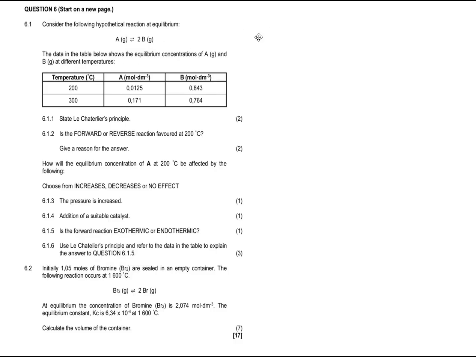Then 6.1.1 says, state Le Chatelier's principle. How do we state Le Chatelier's principle?